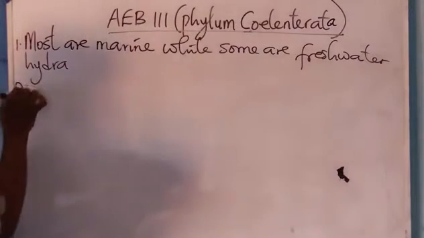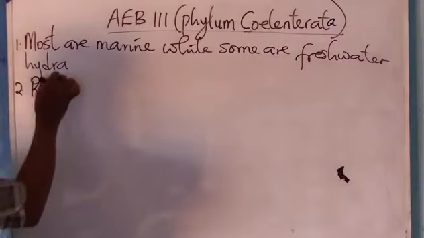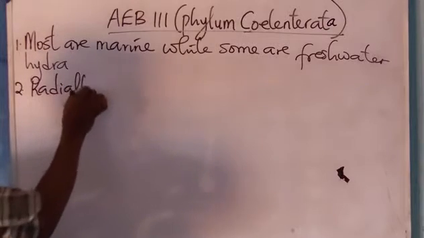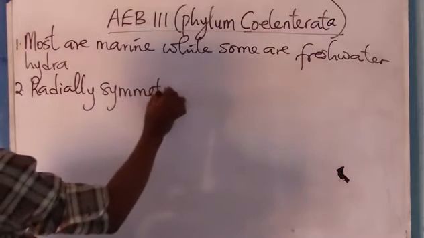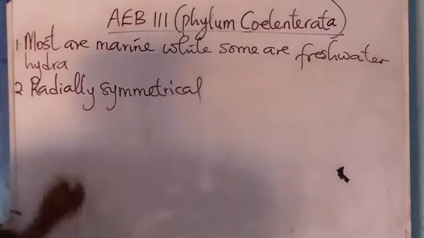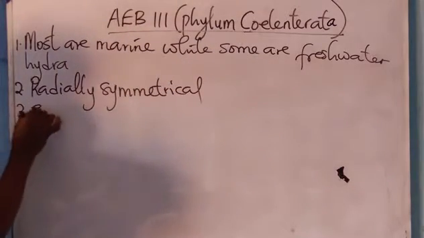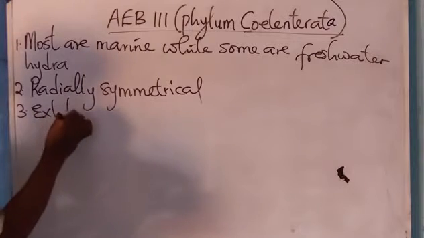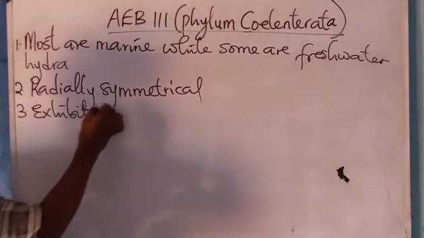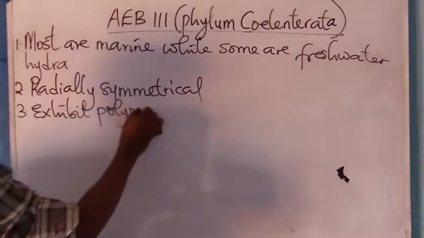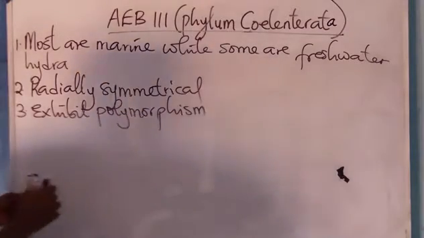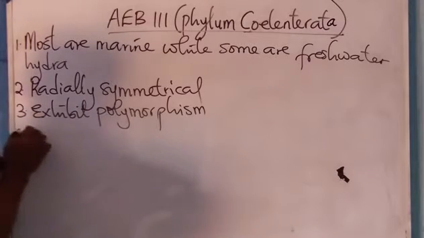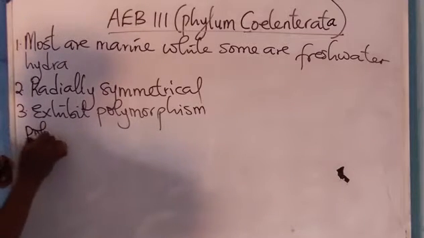Number two, these organisms are radially symmetrical. Three, they exhibit polymorphism, and polymorphism is common between species that occur as polyps.